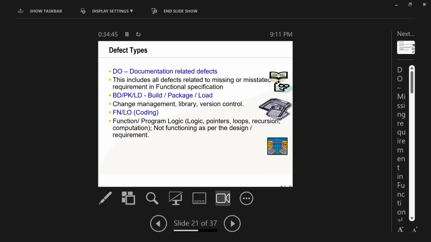Build package, change management, library version control. Coding: function, program logic. This is the coding type, not functioning as per the design requirement.